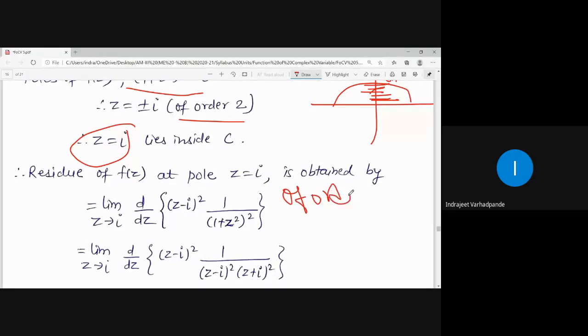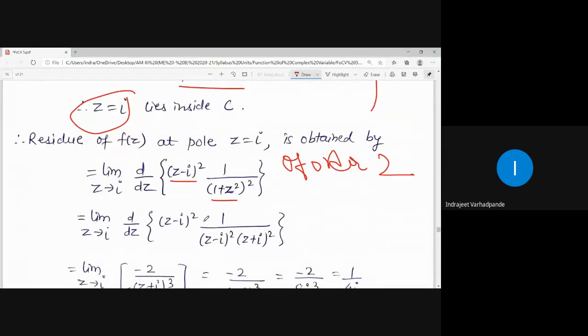Of order 2, so we will be using this formula: limit z tending to i, d by dz. Simplify this. How will you factorize z square plus 1? See, z square plus 1 equal to 0.